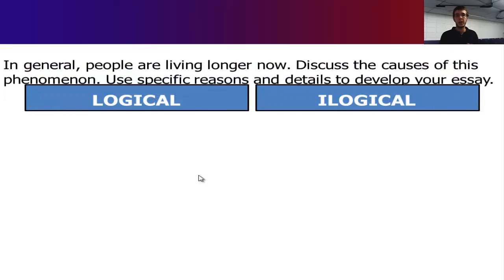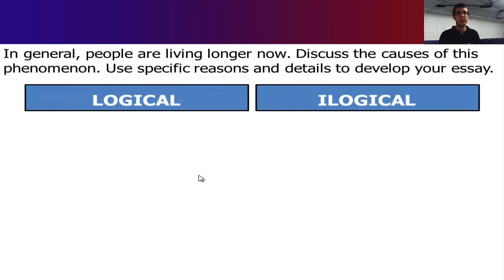Here we have an example of an essay title that can be found on the TOEFL test. This is something real from the test. In general, people are living longer now. Discuss the causes of this phenomenon. Use specific reasons and details to develop your essay.